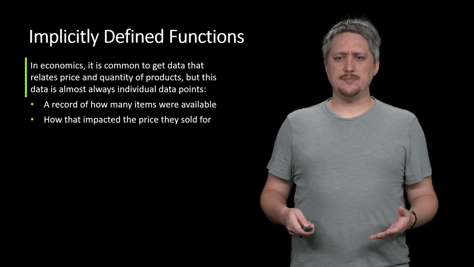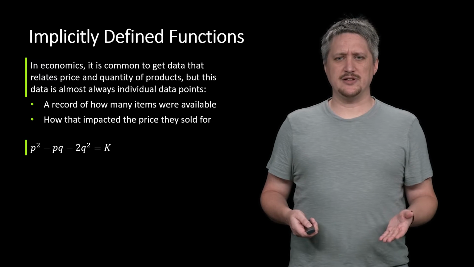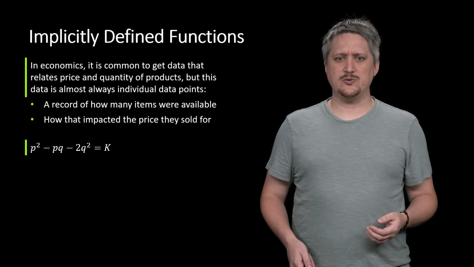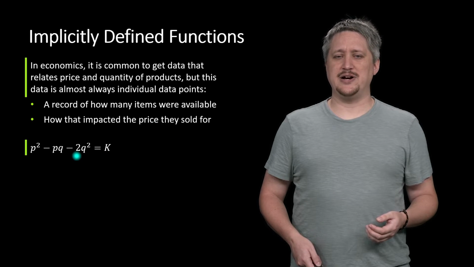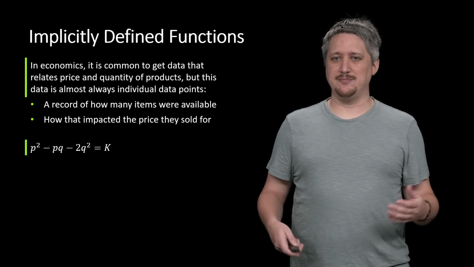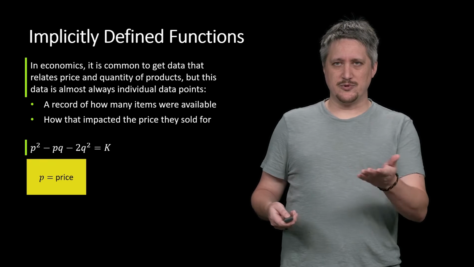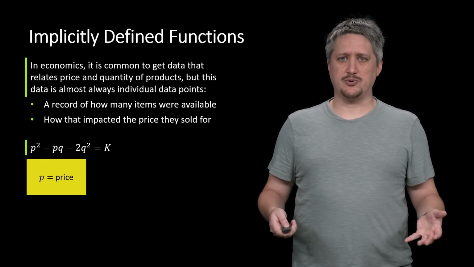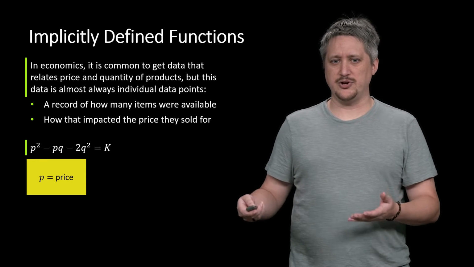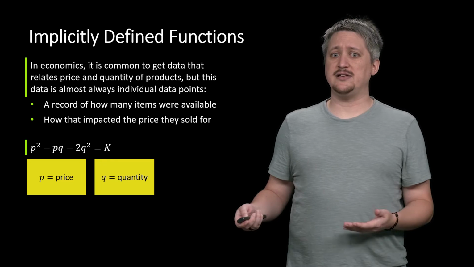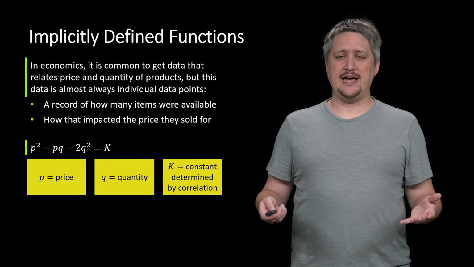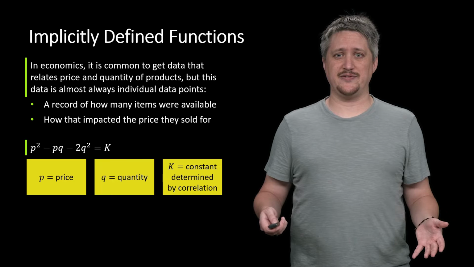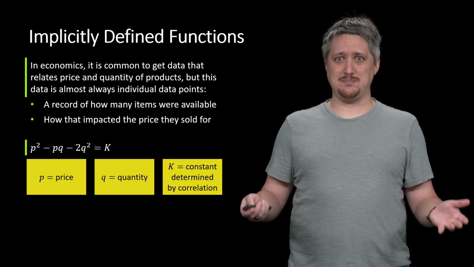For example, we might get something that looks like this, p squared minus pq minus 2q squared equals k, a bunch of letters. But really, p is the price of the object, q is how many you are selling, and k is just some number that comes out of that statistical modeling piece.